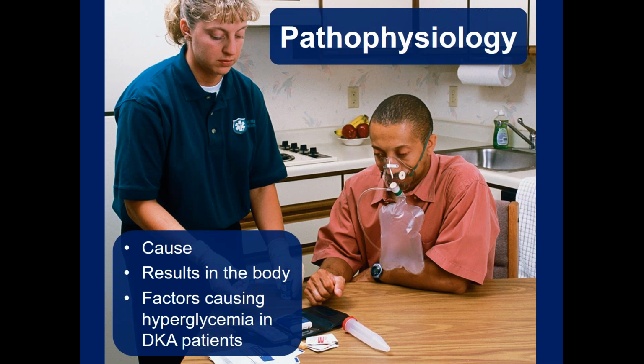And then we have one very big hallmark symptom to be on the lookout for. Because your patient who has diabetic ketoacidosis generally has a fruity, almost chemical type smell to their person and to their breath. It almost smells like if you made fruit punch with nail polish remover.